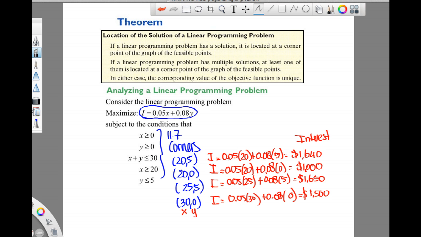Now, I'm not saying that 0.05 times 20 plus 0.08 times 5 isn't 1,640, but this problem was given in thousands of dollars, so the answer must be 1.64, and then I multiplied.